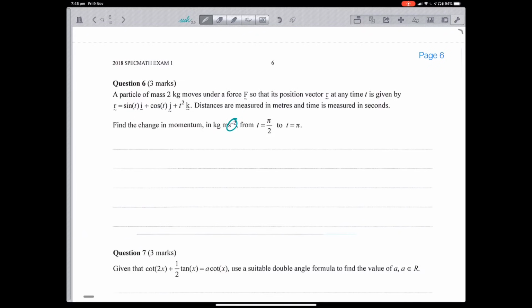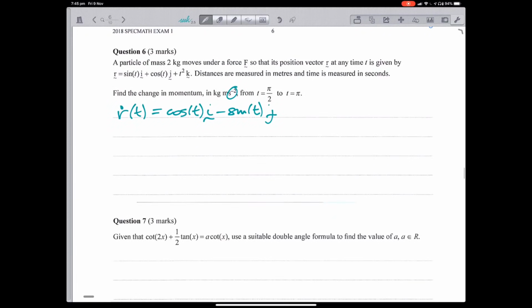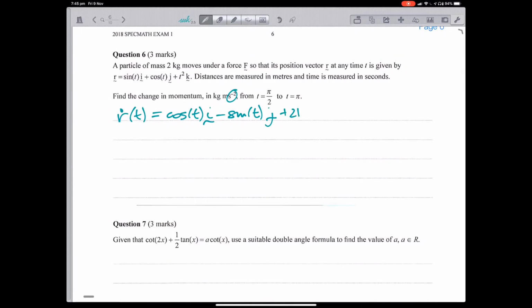Momentum is not kilogram meters per second squared, it's just kilogram meters per second. However, let's work out our velocity. R of t, differentiate sine to get cos, minus sine of t j, and then plus 2t k.